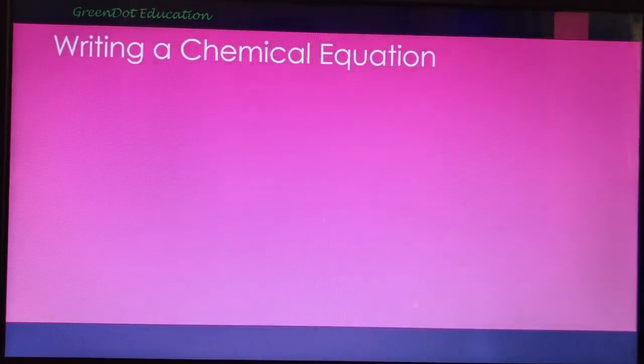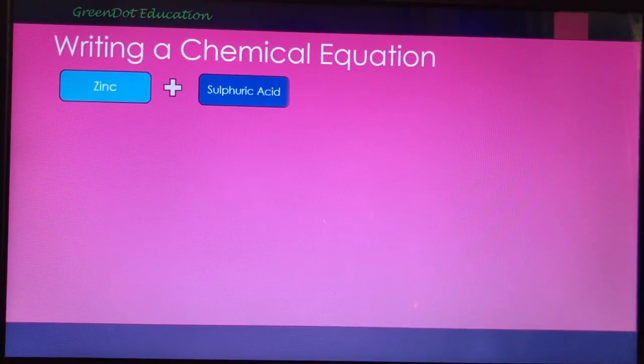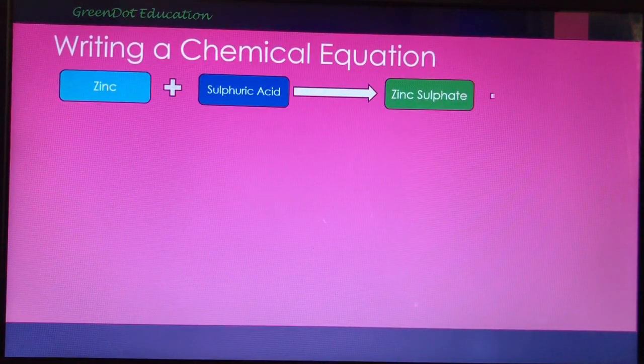Now let us look at another type of chemical equation. Suppose there is a reaction between zinc and sulfuric acid. When both of these react together, we get new products, that is zinc sulfate and hydrogen.